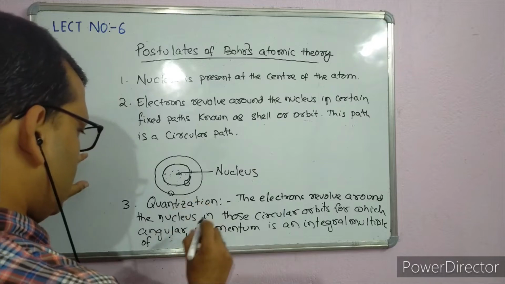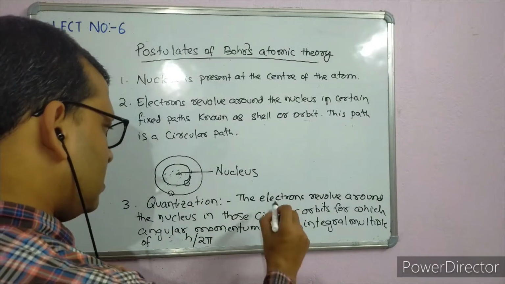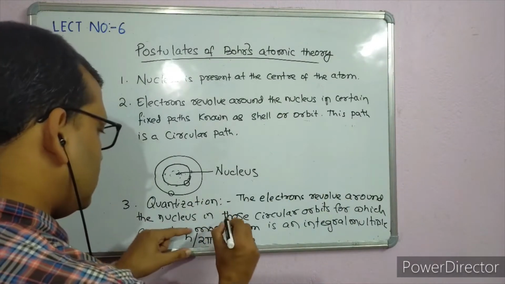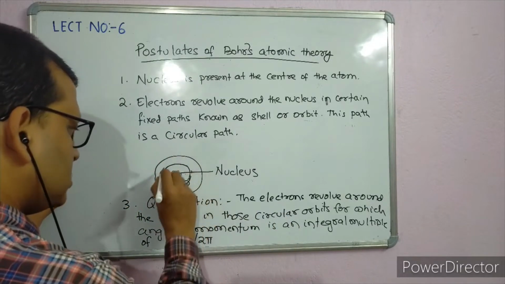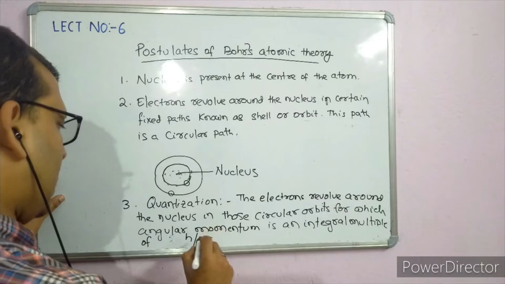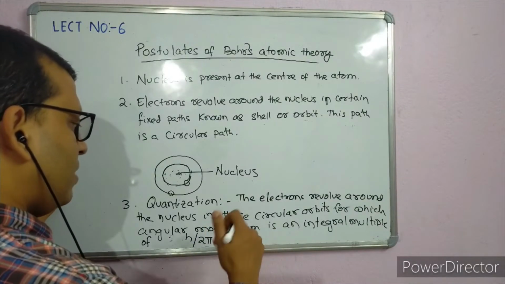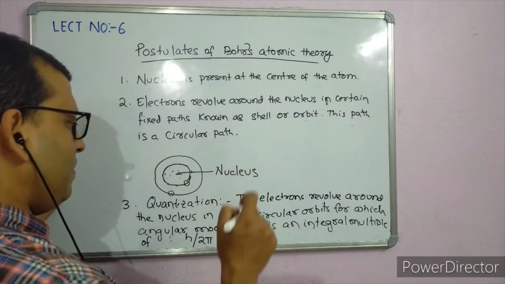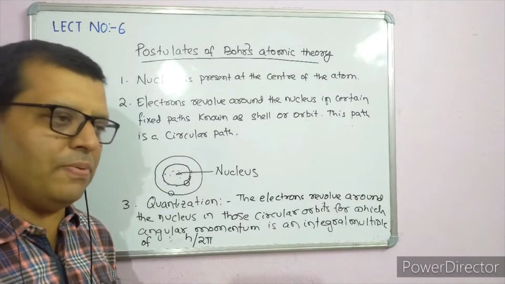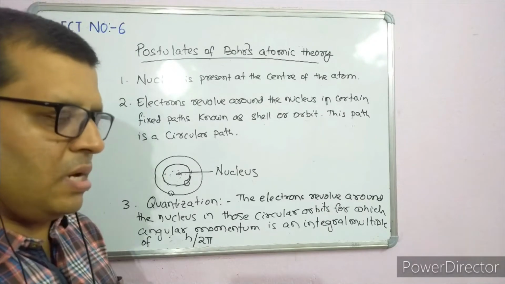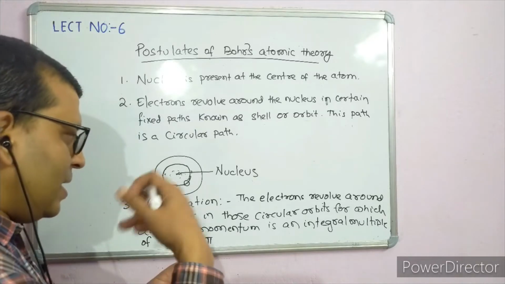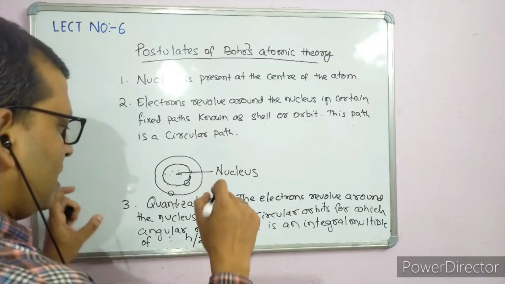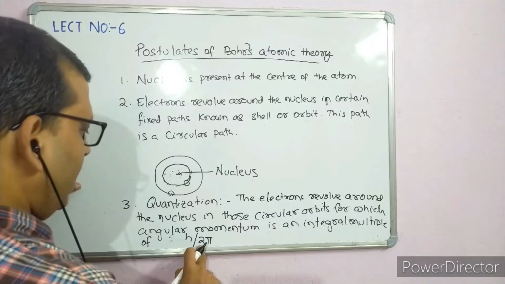The electrons revolve around the nucleus in those circular orbits. Let me say this is a circular orbit, for which the angular momentum is an integral multiple. Integral multiple means it is an integer multiple of h by 2 pi.